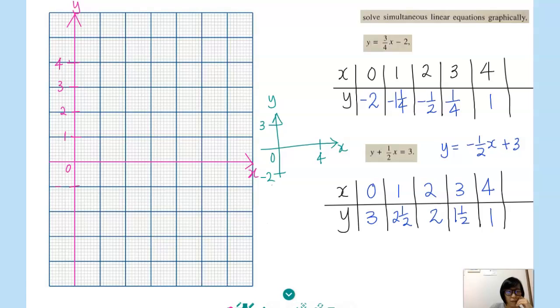So -1, -2. And for this, I'm going to do 1, 2, 3, 4. So if I were to use 2 big squares, I wouldn't have enough. Alright, so let's start plotting.